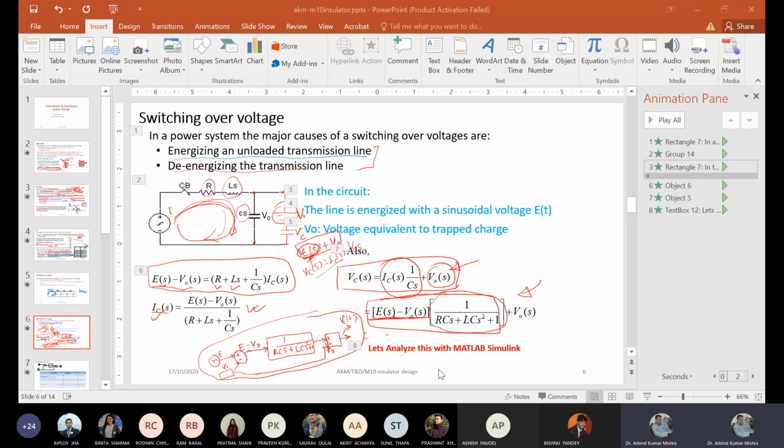As you can see, as I have told you, this is the source wave, and this is for the trapped charge. Here plus minus you will get this, E minus V naught, and this is the transfer function.